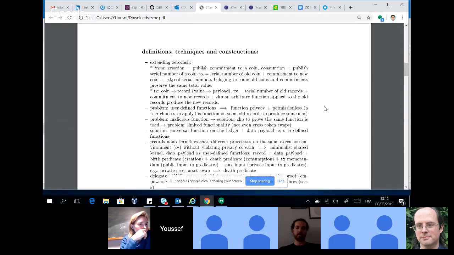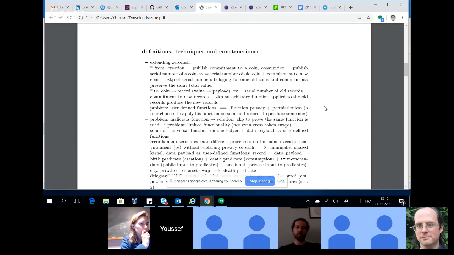In ZEXE, they start from ZeroCash and want to extend it. A coin will this time be a record. This is just to establish a common language in ZEXE. A coin is a record. If a coin is an integer value, a record is some data payload. So a transaction in ZeroCash was serial numbers of old coins; this time it will be serial numbers of old records, commitments to new records, and a zero-knowledge proof.